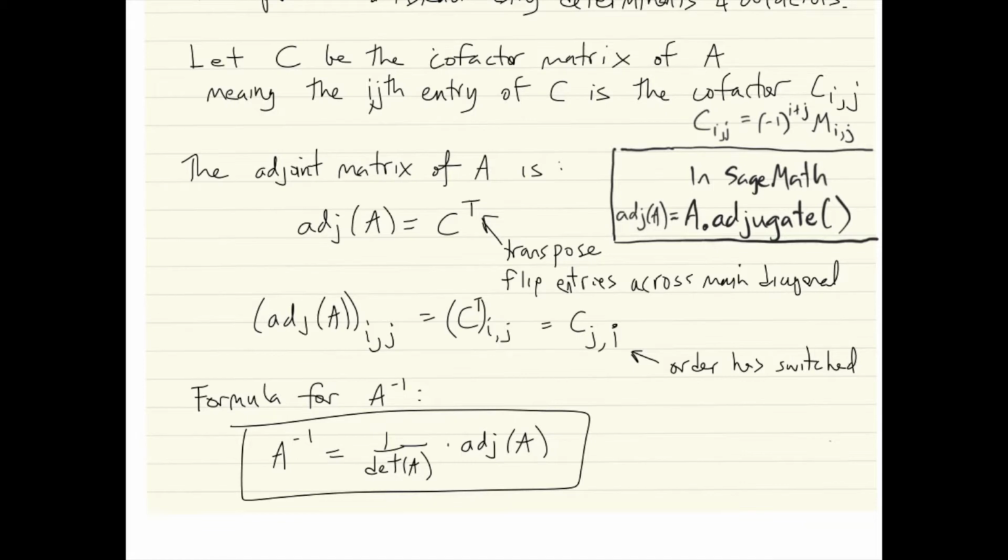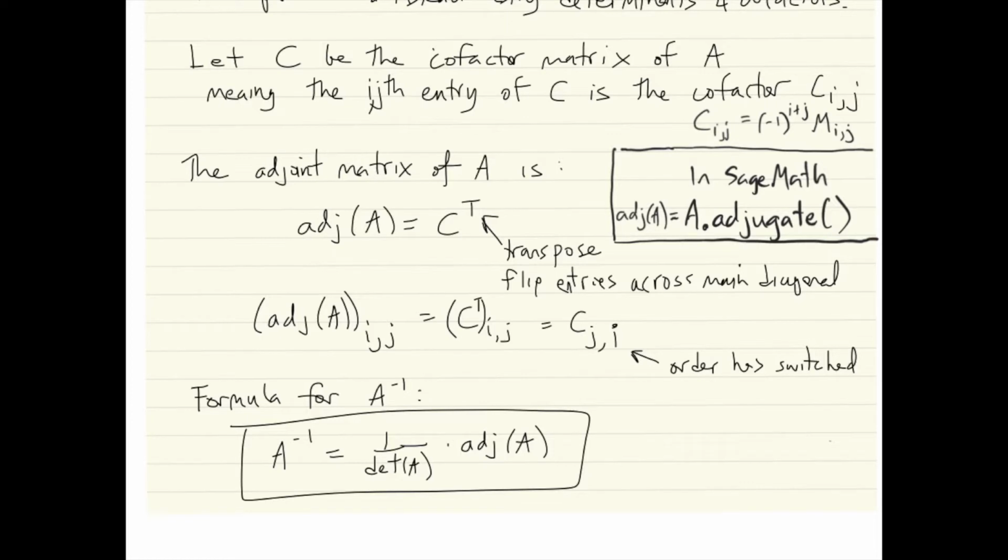And again, the ijth entry of this adjoint matrix of A is the ijth entry of the transpose of C. What the transpose means is that the ijth entry of the transpose is the j,i entry of the matrix you're taking the transpose of.